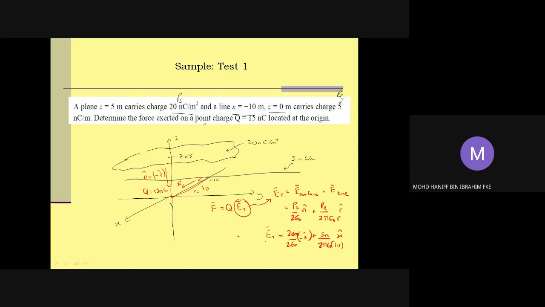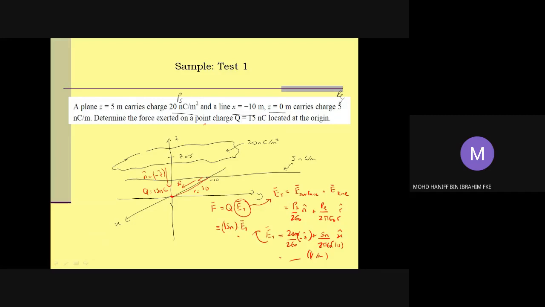Once we have the total electric field, please calculate this on your own. You're going to have the value in volt per meter. Subsequently, you can use this E total to find the force exerted on the 15 nanocoulomb point charge. We're going to have F equal to 15 nano, the point charge magnitude, multiplied with the E total obtained previously.